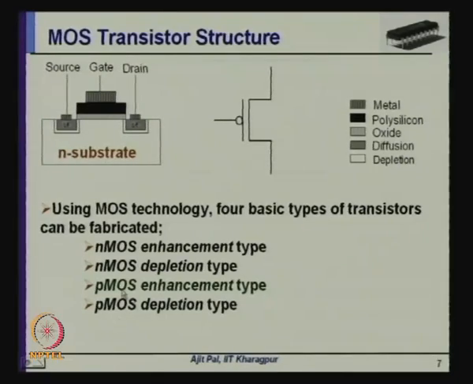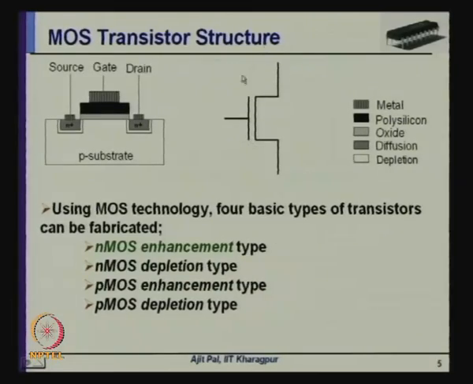And this is how the PMOS enhancement type transistor is realized, and I have not shown the symbols. Here you can see this is the symbol of an NMOS enhancement type transistor.